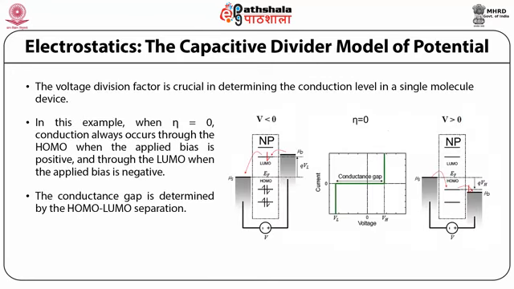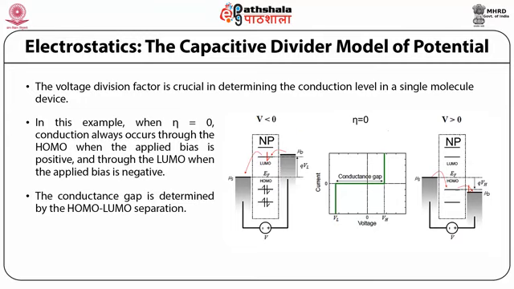If eta equals 0 as shown in this figure, then the energy levels in the nanoparticle are fixed with respect to the source contact, and as the potential of the drain is increased or decreased with respect to the source, conduction occurs through the HOMO or LUMO respectively.